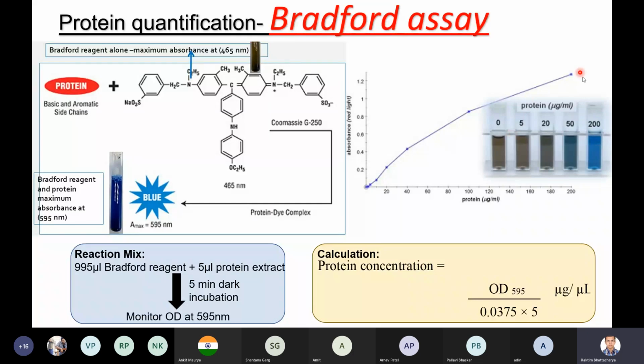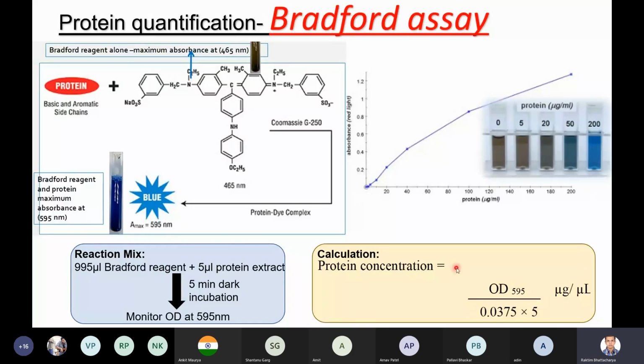We'll note down the absorbance, and we can get the protein concentration. The monitoring will be done at 595 nanometer. So this is the basic protocol.